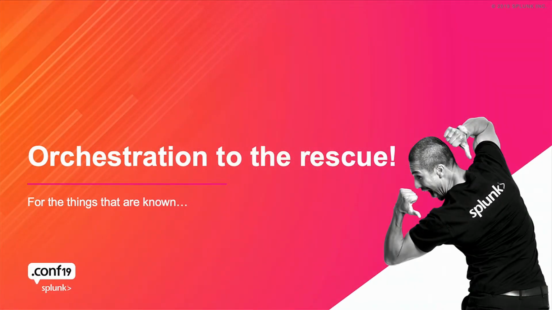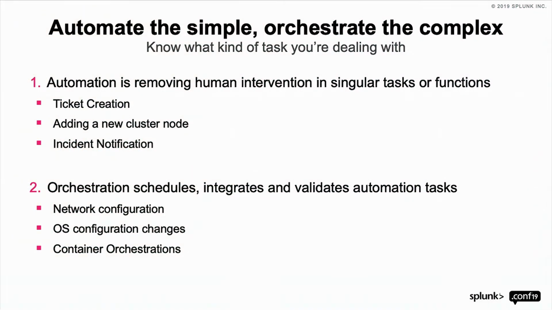So once you've figured out what caused that problem that got human beings involved in the first place, you've done that root cause and that postmortem, you should be able, in most cases, to turn those manual actions that were taken into automation and orchestration. There's a bit of a difference between automation and orchestration, and they tend to be interchangeable for a lot of people, but automation is a singular task or function.